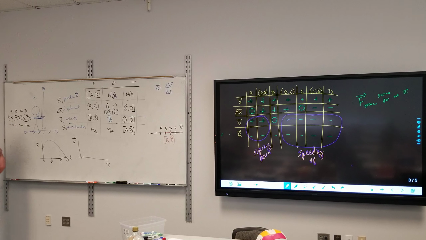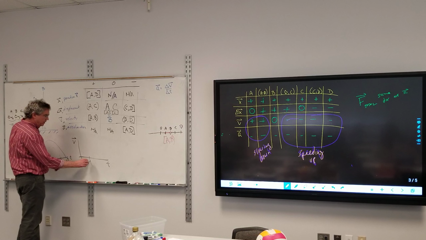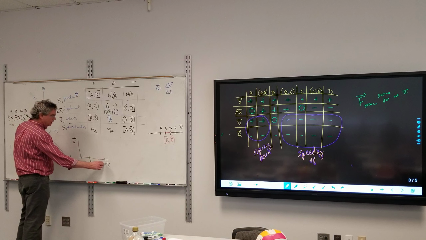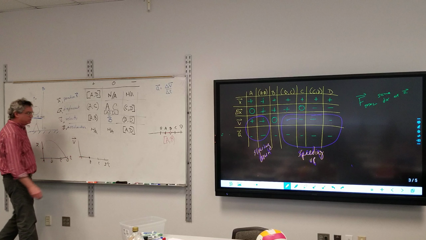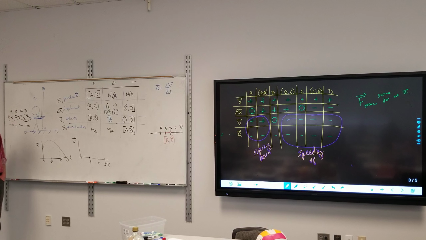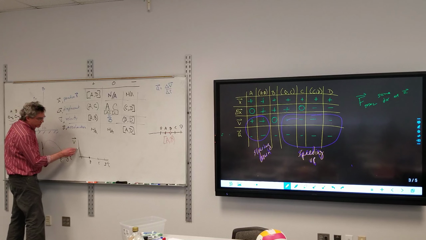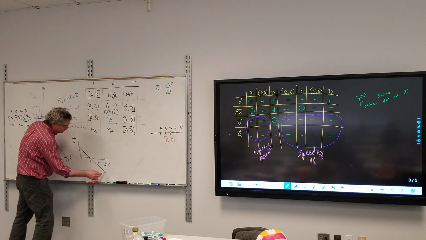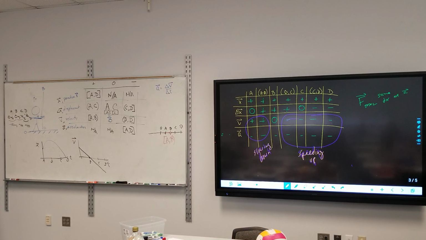I know at B it's 0, so if I did B, C, and D, B at 0, it's negative after that. Now the reason it is straight is because the acceleration is constant. In this case, that is something that you don't recognize yet, you will.